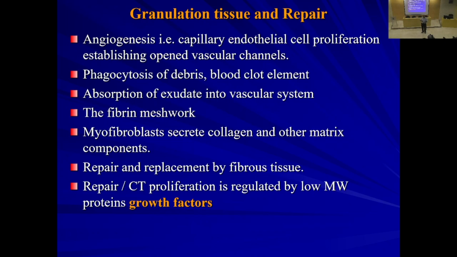Once the monocytes come outside, we call them macrophages. They will start to phagocytose all the dead material of the clot itself. It needs to be removed and replaced by fibrous tissue. The exudate of the chemotaxis will return back to the vascular system, so there will be less leakage of cells.